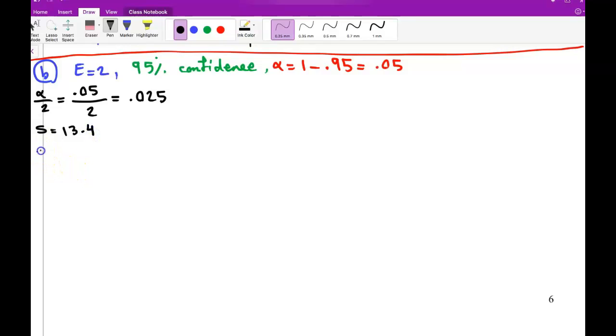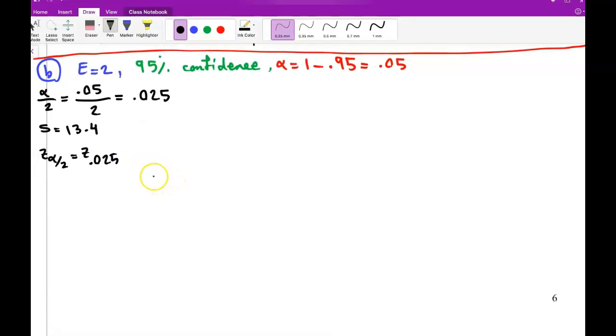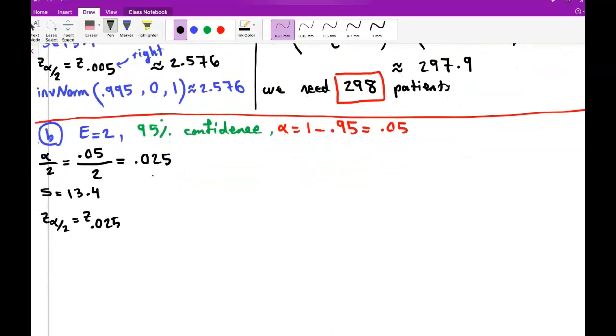Now finding z. Okay, again using the TI-84, the inverse norm. So this is what you have on the right.